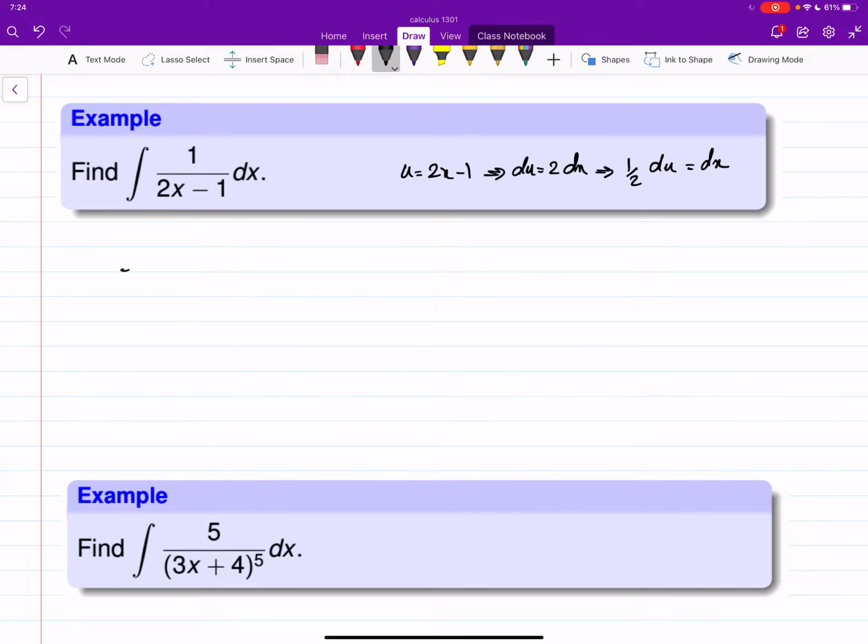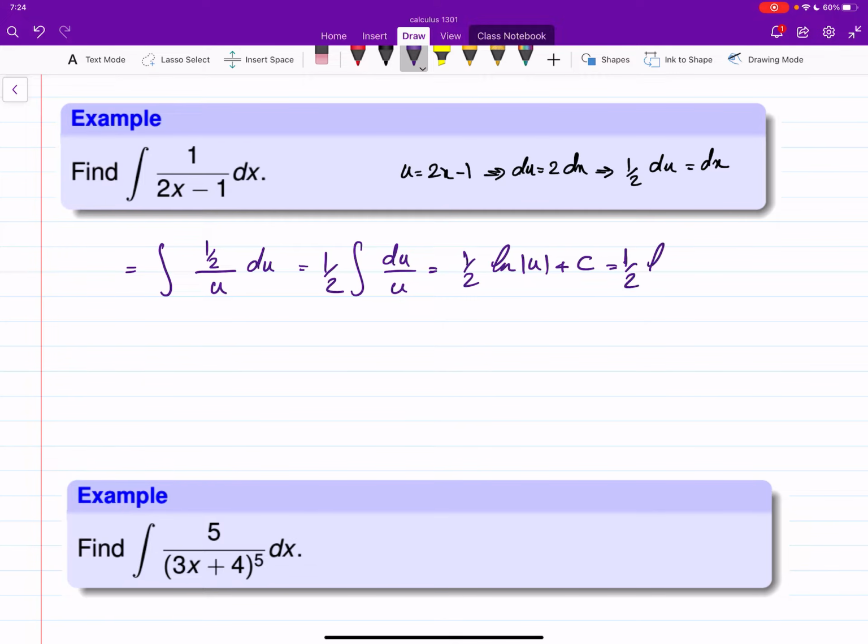So here I will have the integral of half of du over u. That's half of the integral of du over u, and we know that the antiderivative of 1 over u is ln of absolute value u, plus c. Plugging it back, we get half ln of 2x minus 1 plus c.